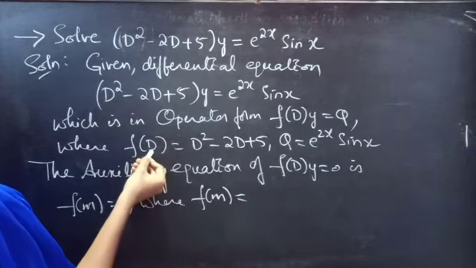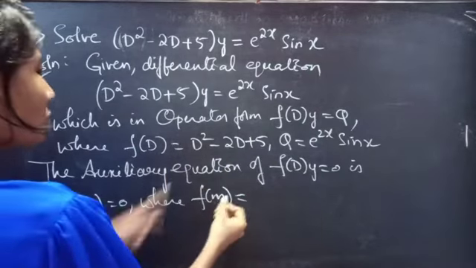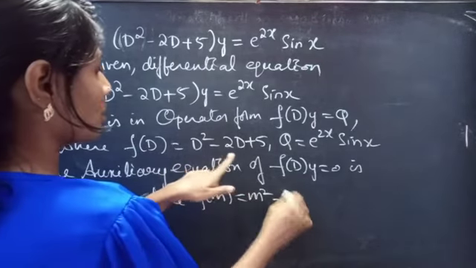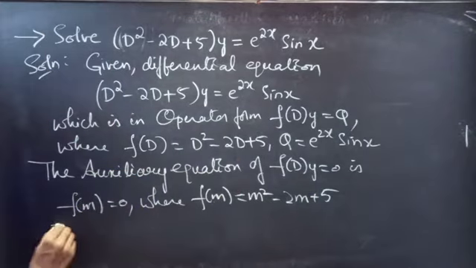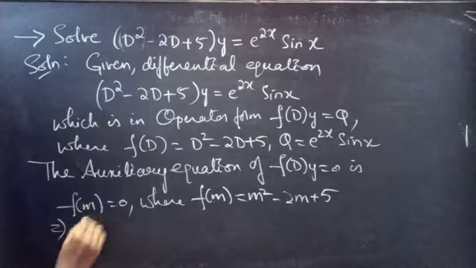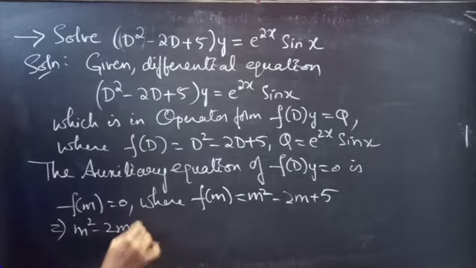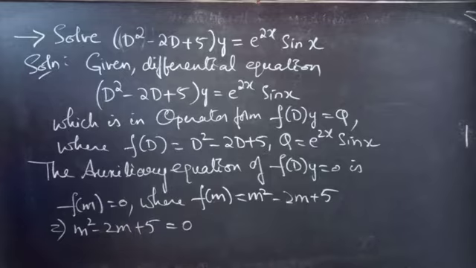Let's replace the differential operator D by m, so that we get f(m) = m² − 2m + 5. Now our auxiliary equation becomes m² − 2m + 5 = 0.